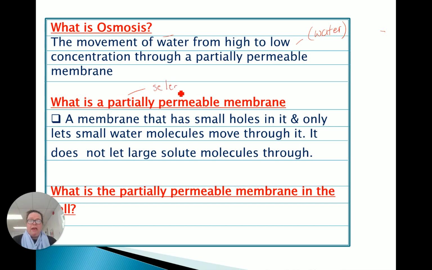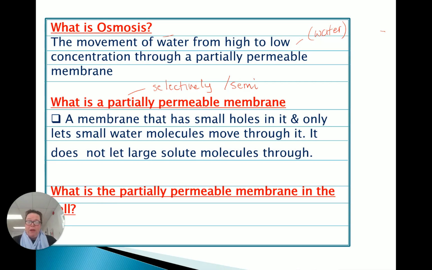So you could also have selectively permeable, which is perfectly acceptable, or semi-permeable. Either of those are absolutely fine, but it just means the large molecules like salt and sugar can't move through it, but the water can, because water is quite a small molecule.